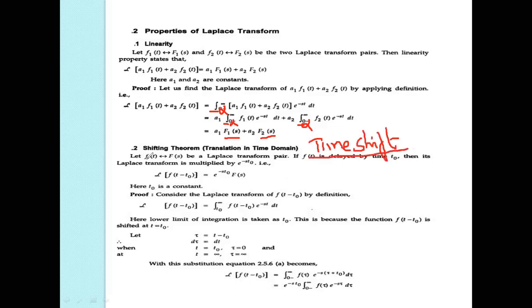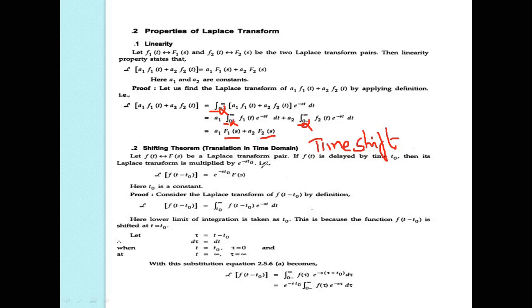So what is the statement here? Let f of t and F of s be a Laplace transformation pair. If f of t is delayed by time t naught, then its Laplace transform is multiplied by e power minus s into t naught.